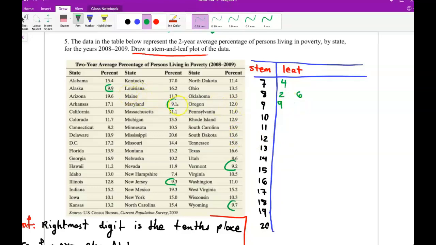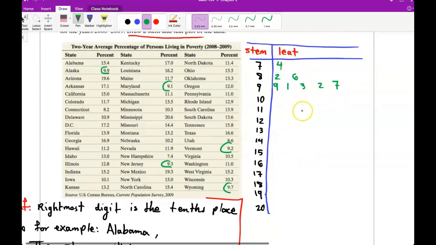So we have 9, here is 1, 3, 2, 7. We usually should write these numbers in ascending order, but even if you didn't, that's fine. But later you should rearrange all these. So first I'm writing it that way to show that we have to arrange them again.